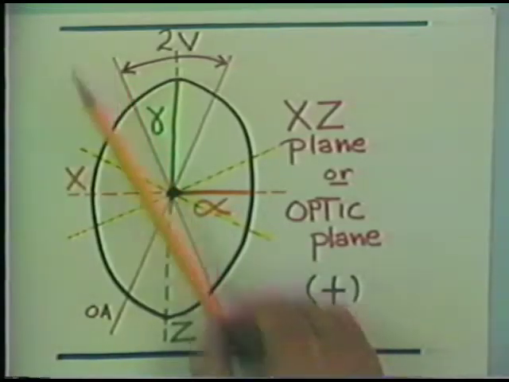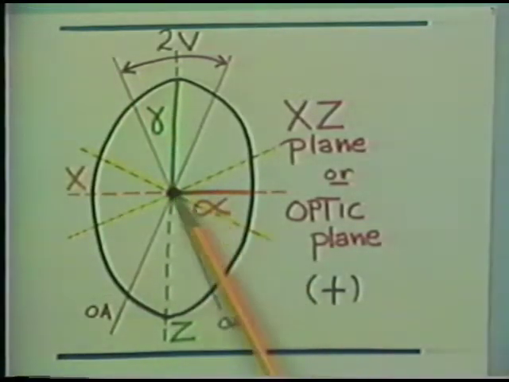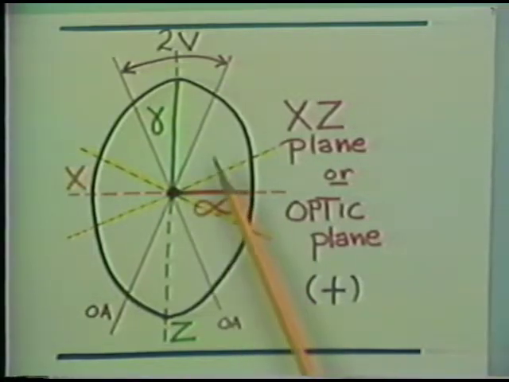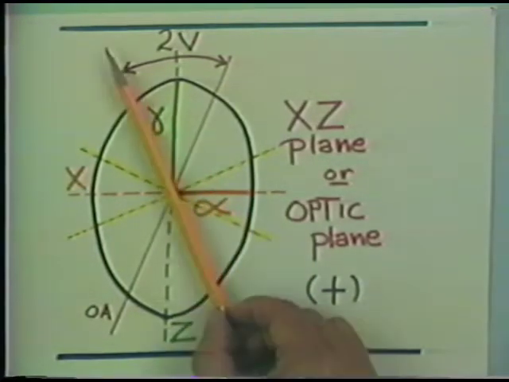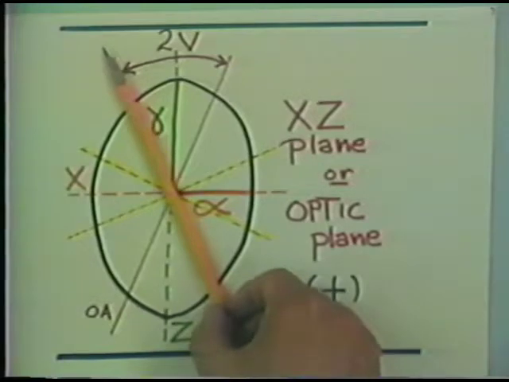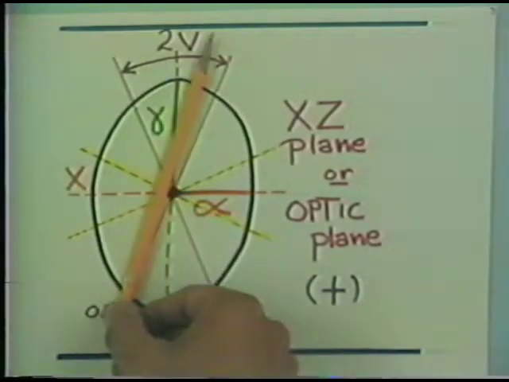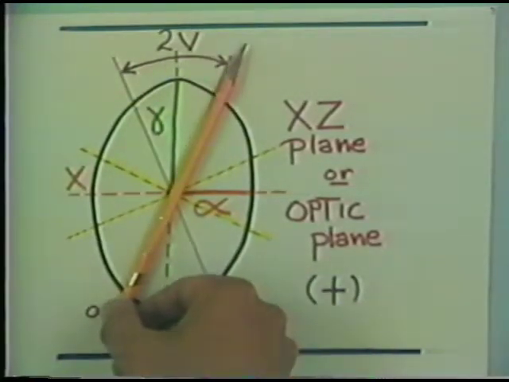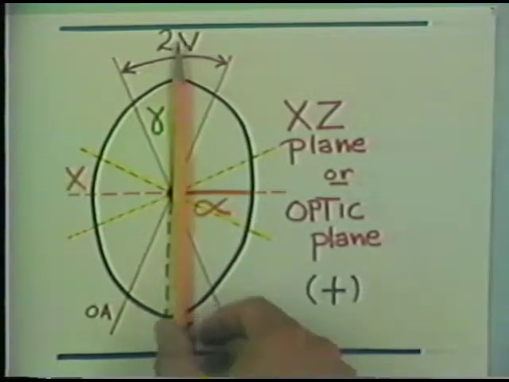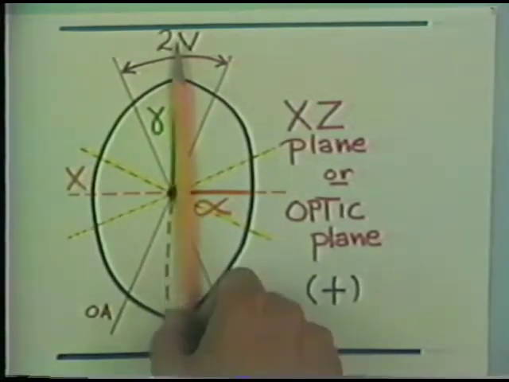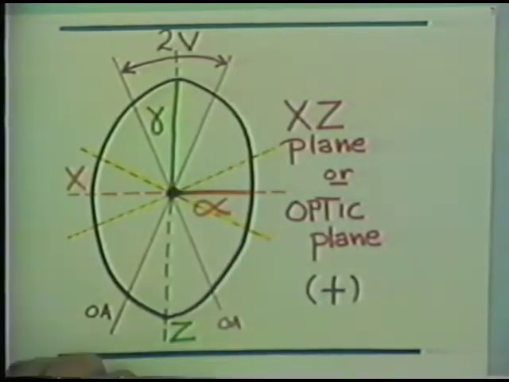In this particular construction now, this is a positive mineral, so beta is closer to alpha than it is to gamma. And the optic axes have an acute angle relationship, which is bisected by the Z vibration direction in this particular case. Here's a definition then.